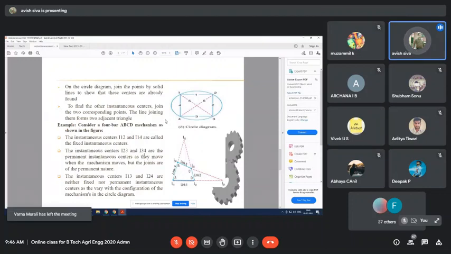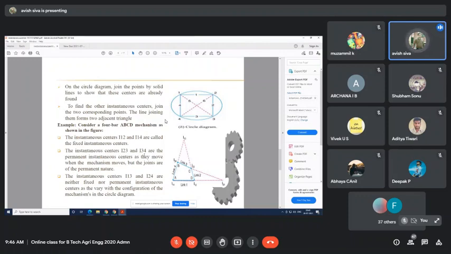Okay, 1 minute, Vivek. See, Vivek, your step number 1 is very good. Step number 1 means Vivek told he will draw and label all the things. Step number 2 means you are entering into one question, and straight away you can't mark what is fixed, what is primary instantaneous center, what is neither fixed nor permanent instantaneous center.